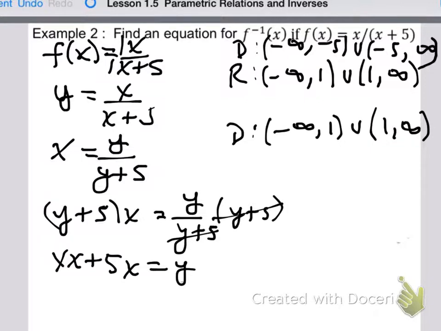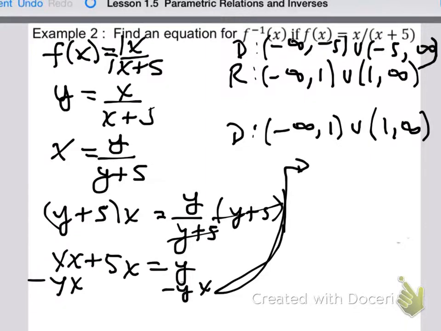And then I'm going to subtract y times x from both sides. And I'm going to get 5x equals y minus y times x.